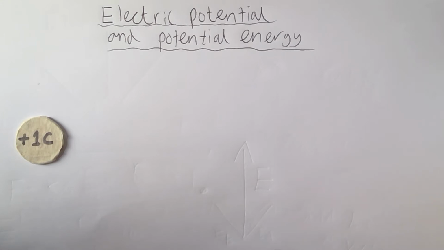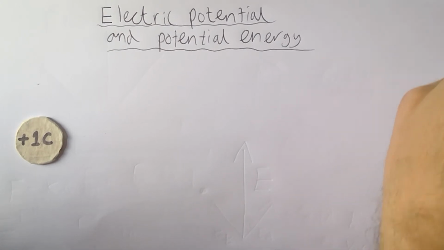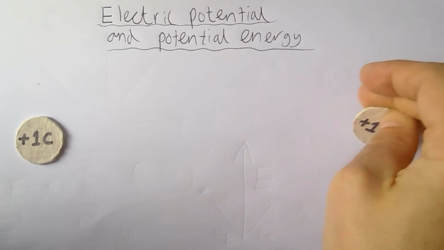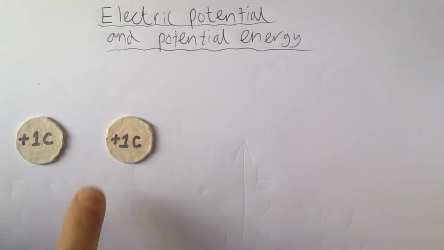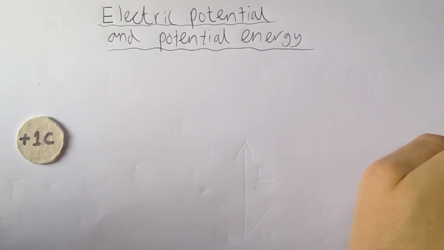There would be no electric potential energy when they're an infinite distance apart. As I bring it closer, I do work and potential energy is gained, which when I release it could then be converted into kinetic energy.